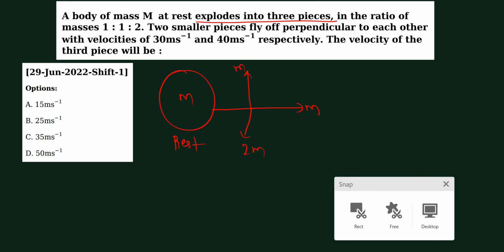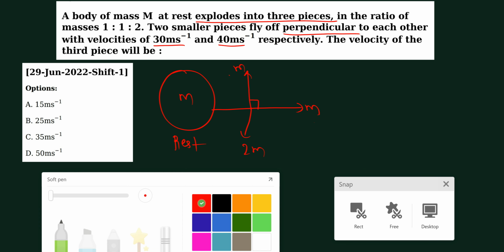Two smaller pieces, this M and M, fly off perpendicularly, one in the x-axis direction and the other in the y-axis direction, with velocities of 30 meter per second and 40 meter per second respectively.